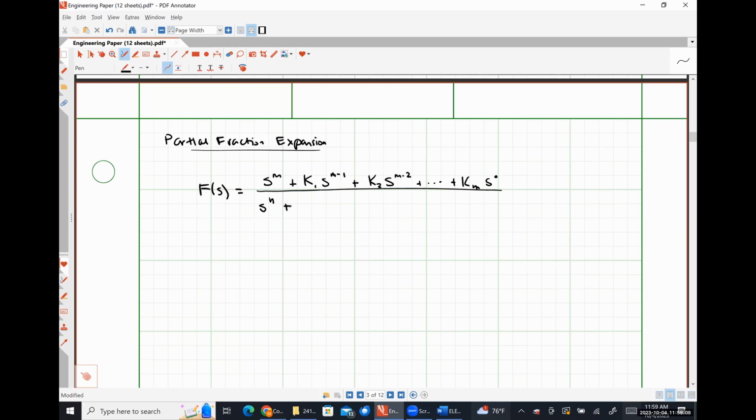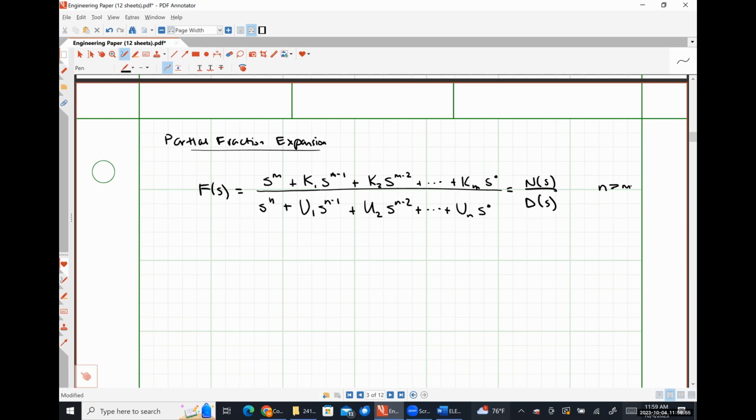Let's call this, I don't know, u. Where we have a polynomial as a function of s that I'm going to call n of s for the numerator, divided by a polynomial that is a function of s that I'm going to call d of s because it's the denominator, where, generally speaking, n is greater than m.